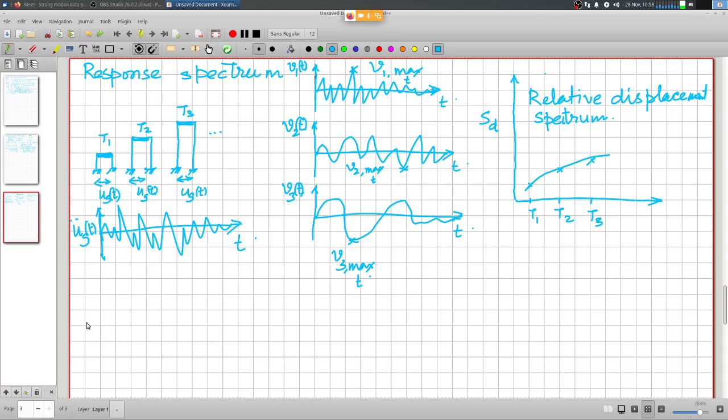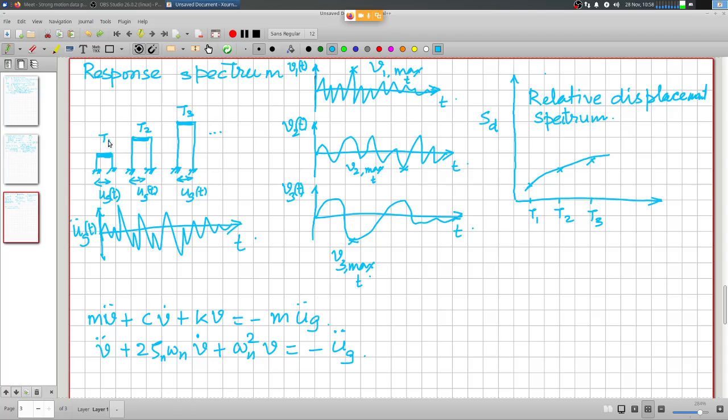If you look at the equation of motion that we discussed earlier, it is this, and by dividing all through by mass m, this can be converted into this, right? So this equation of motion can be solved for a given value of natural frequency.